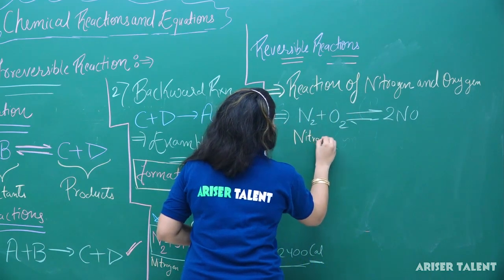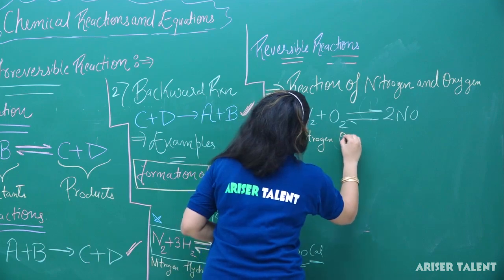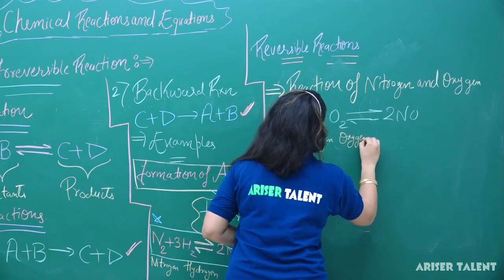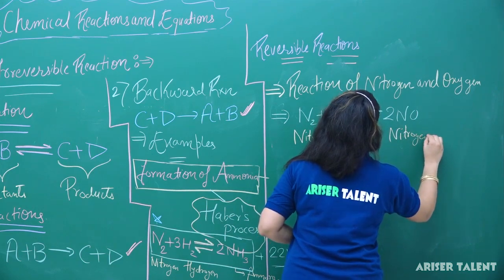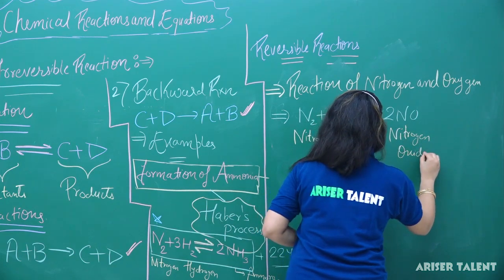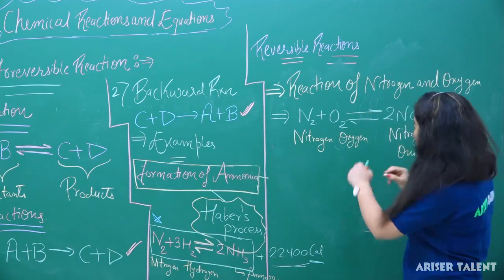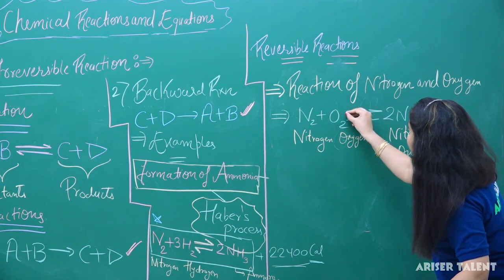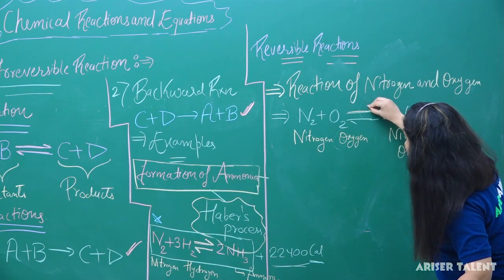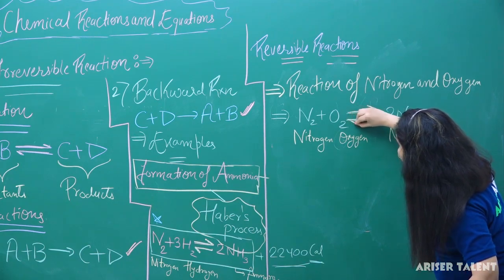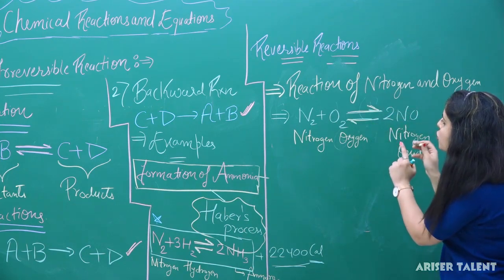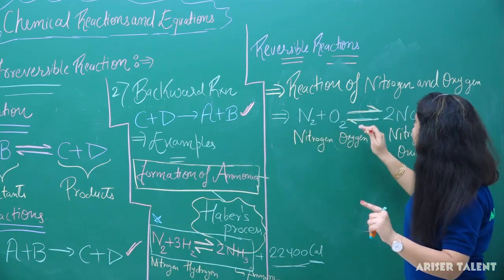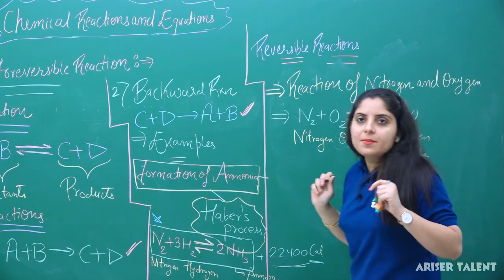So it is nitrogen, this is oxygen, and both will react to give nitrogen oxide. So students, what we have observed in this type of reaction is that the reaction proceeds in forward direction as well as backward direction, and it is indicated by the forward arrow and backward arrow. So we may say that these types of reactions are known as reversible reactions.